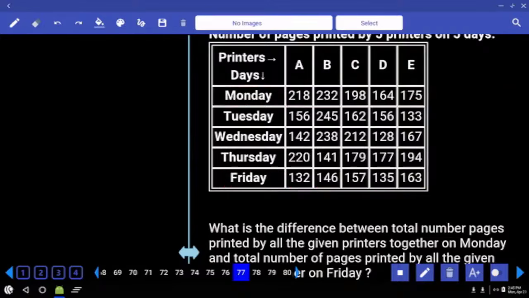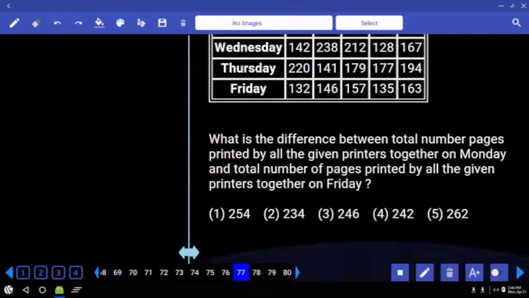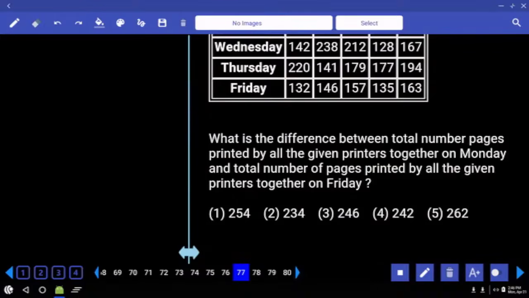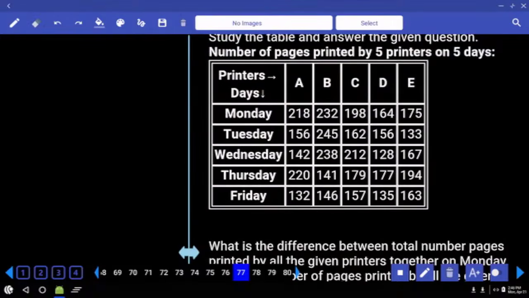What I'll do is just observe values. A, which is more, Monday or Friday? B, C, D. Then total also definitely Monday will be more than Friday, correct? Now what I'll do is look at options. If all the options are ending with different numbers, I'll verify only last digit. 2 options ending with 4, 2 options ending with the same digit, so I cannot verify last digit, but I can verify last 2 digits.